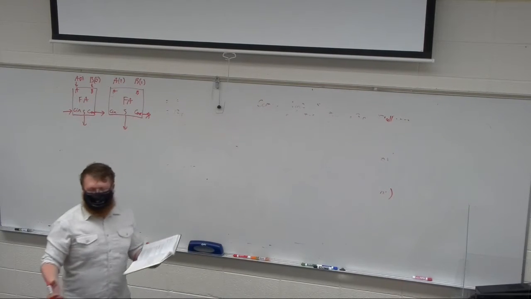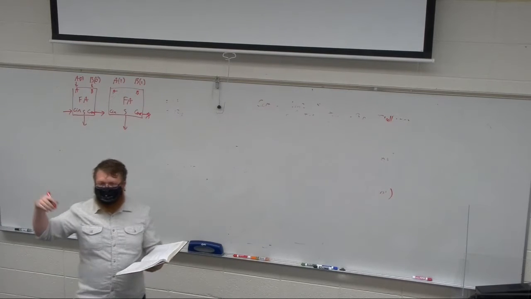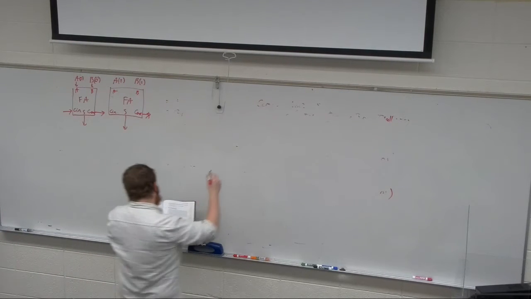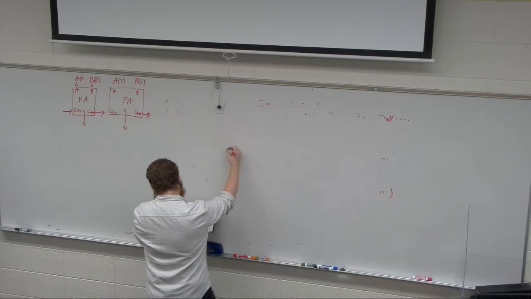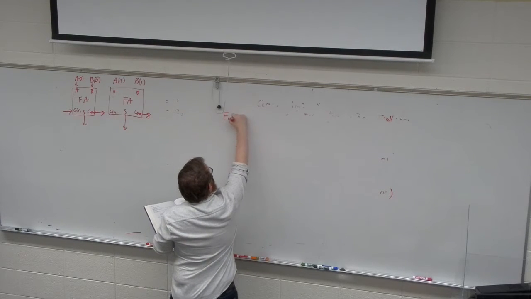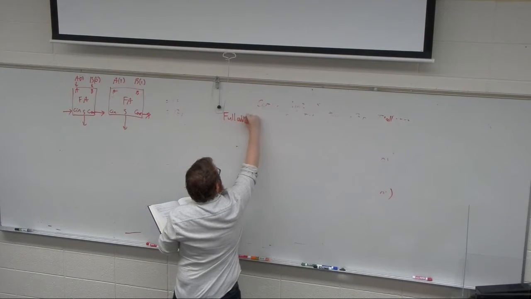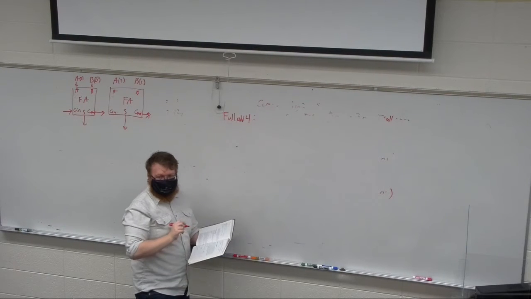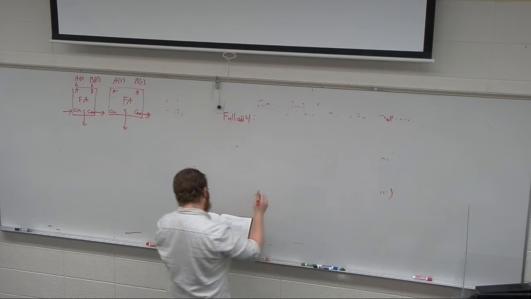So let's assume that I have a full adder, right? And I want to use multiple instances of it. Then I can just say something like this. I want to build a 4-bit adder using these full adders that I've already made.